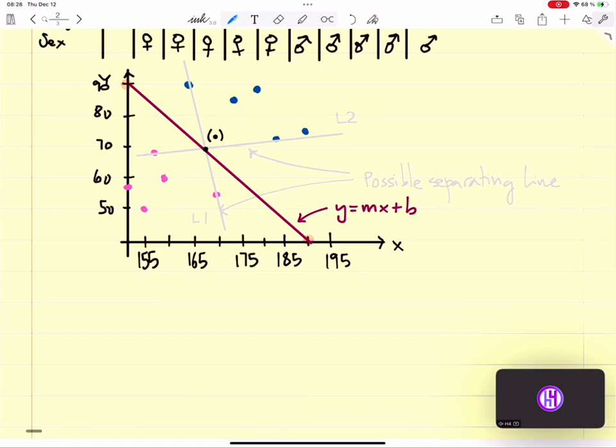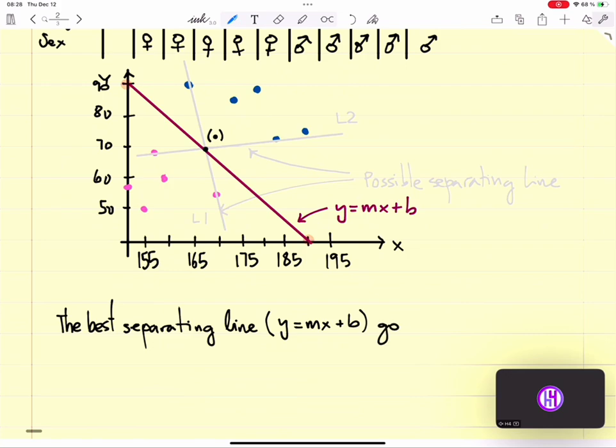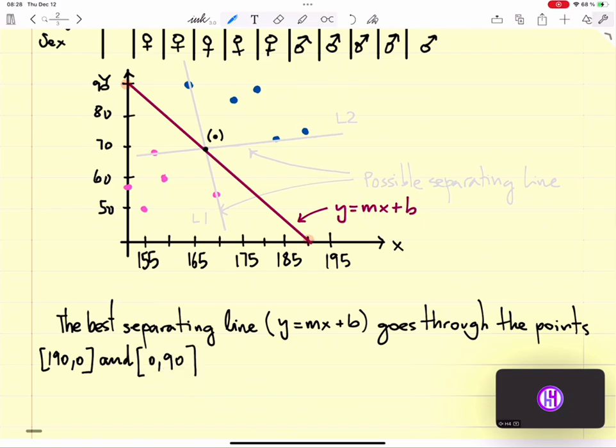So the best separating line, y equals mx plus b, goes through the points 190, 0 and 0, 90.